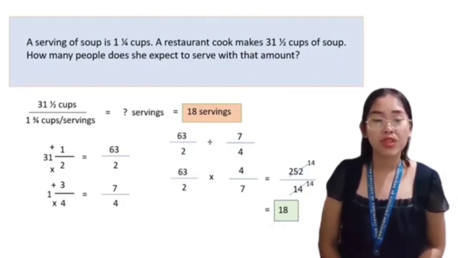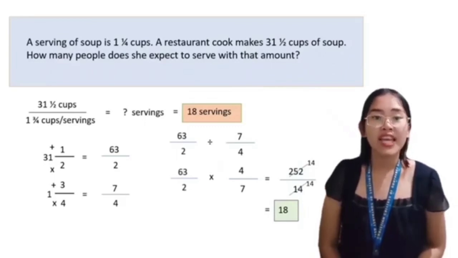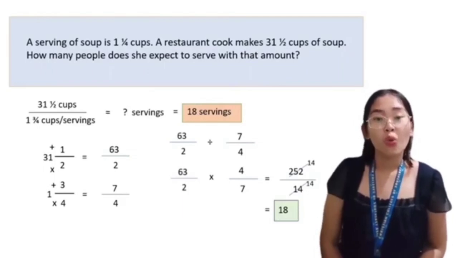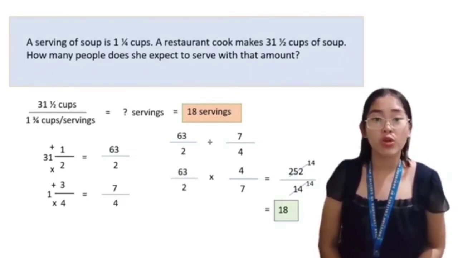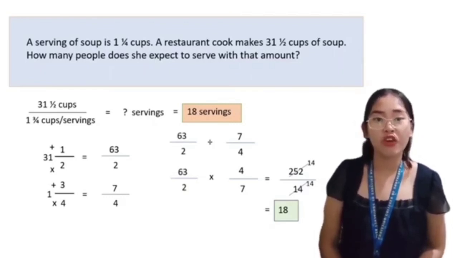31 1/2. 2 times 31 equals 62 plus 1 equals 63 over 2. 1 3/4. 4 times 1 equals 4 plus 3 equals 7 over 4. 63 over 2 divided by 7 over 4.